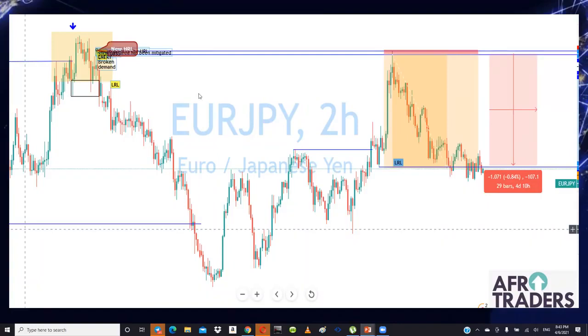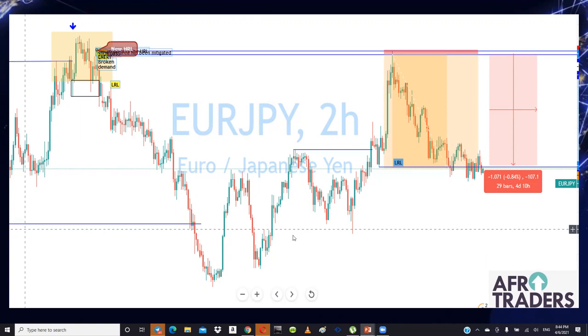So now, using the high resistance liquidity doesn't mean that the trend has changed, okay, because this is a high resistance. For instance, this is a high resistance liquidity, this particular one, because price had a rejection at a supply zone.